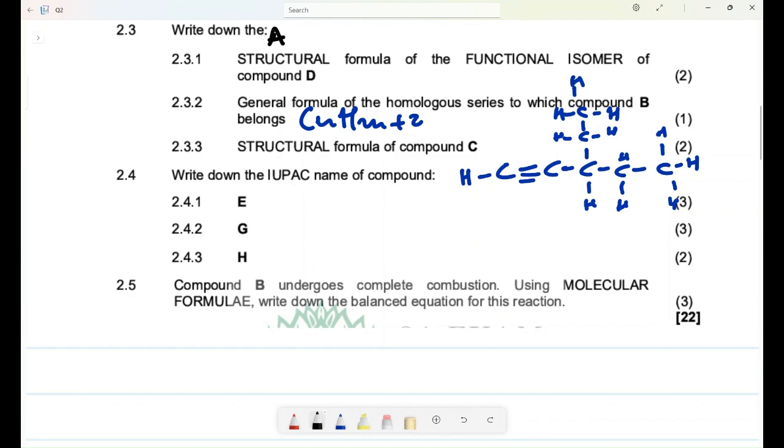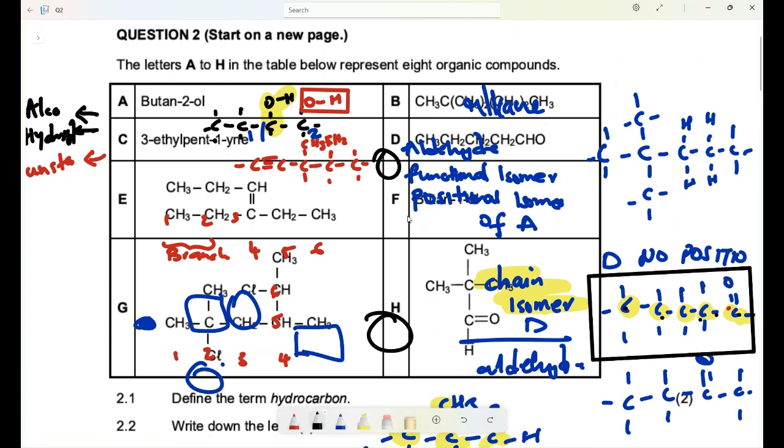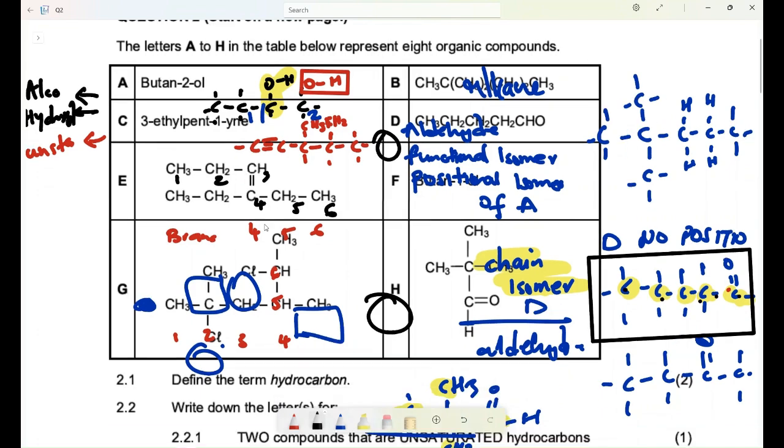Write down the IUPAC name of compound E. Let's see that. When we name, remember we said we start from wherever. Let's say this is 1, 2, 3, 4, 5, 6. When we name that, we have hex.